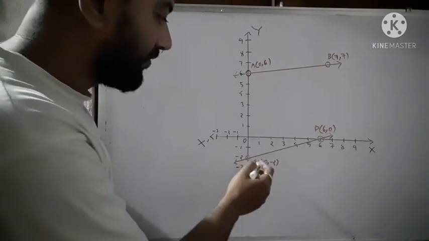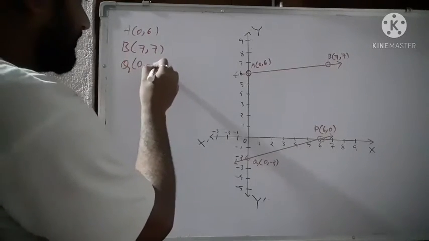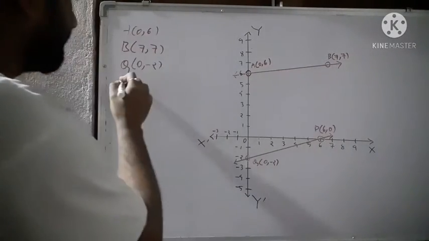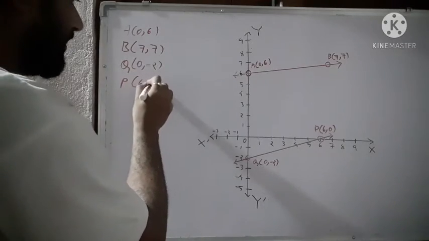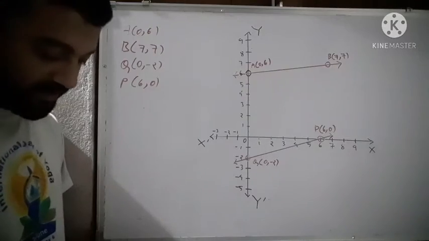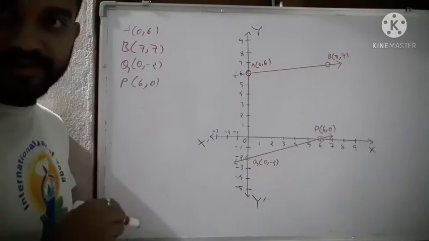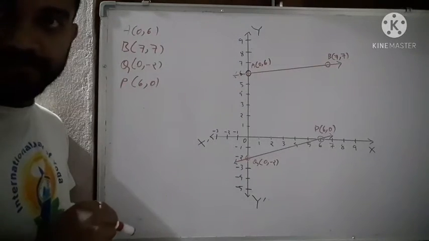Similarly, the coordinate of Q is 0, -2 and the coordinate of P is 6, 0. So we have just obtained the values from the table that we have already given in tabular form.